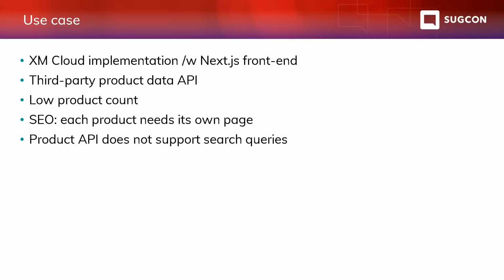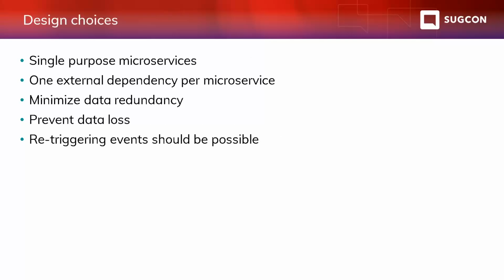I've also built custom e-commerce solutions where we had tens of thousands of products, and then of course we're just going to use them directly from the front end, from the external API, but in this case not. So we came up with an architecture for this, and we've made a few design choices.